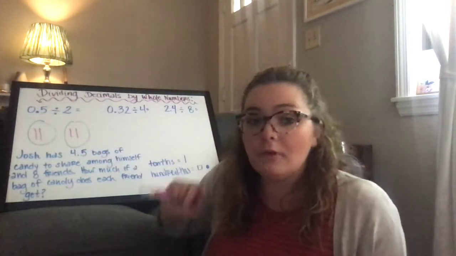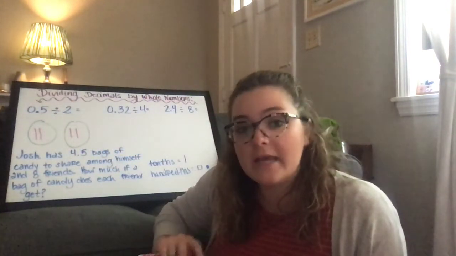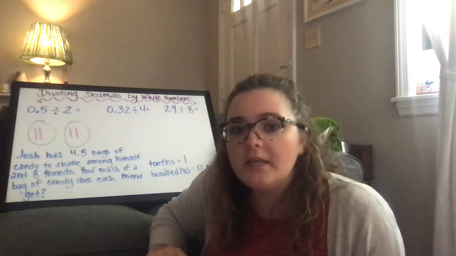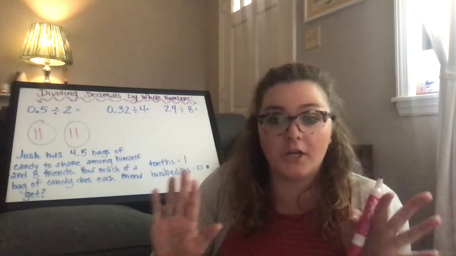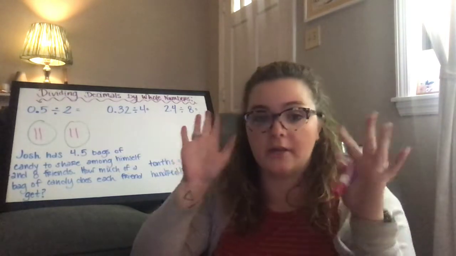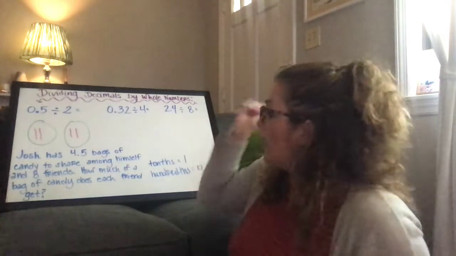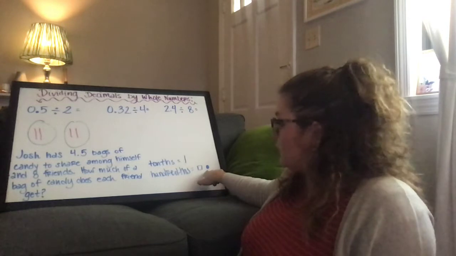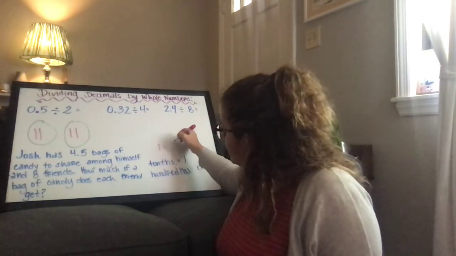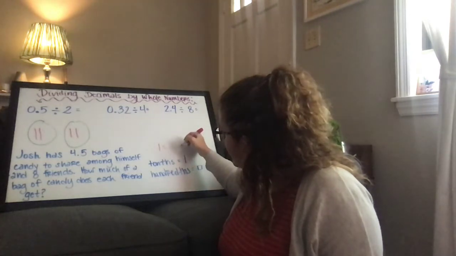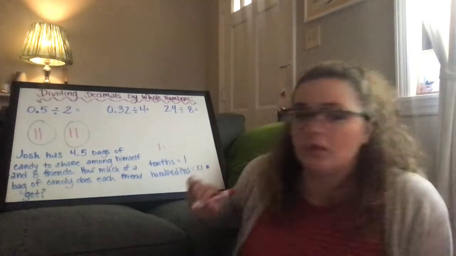But I can repurpose this tenth. I have 1 tenth left, and I know that in each of my tenths, there are 10 hundredths. So in 1 tenth, there are 10 hundredths. So what I'm really going to do is now start using my hundredths. For this 1 tenth equals 1, 2, 3, 4, 5, 6, 7, 8, 9, 10, and I'm just using little dots.